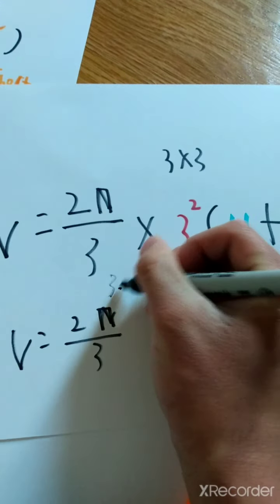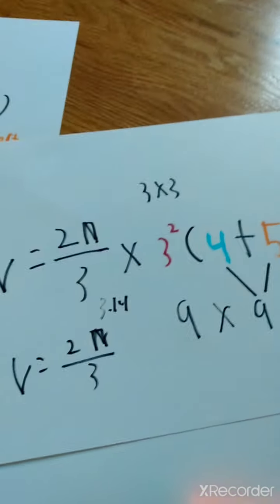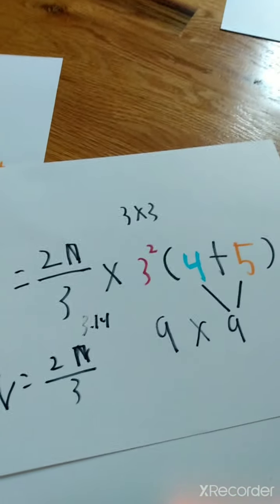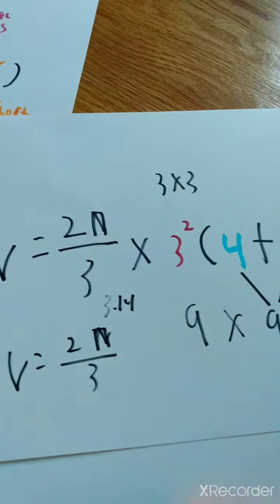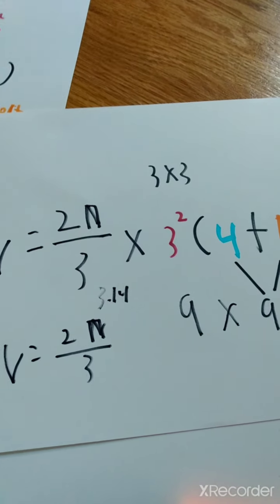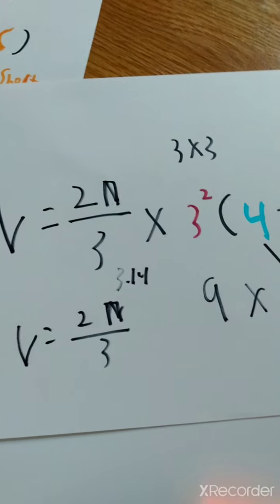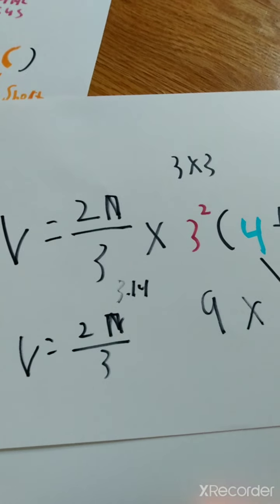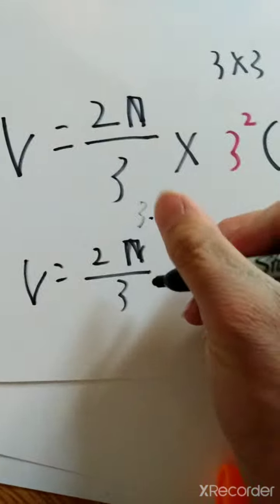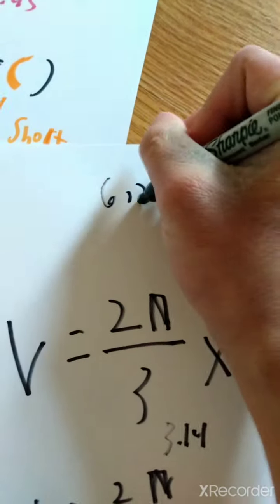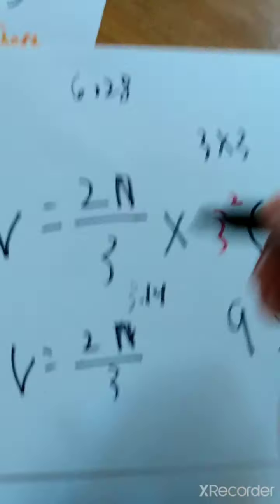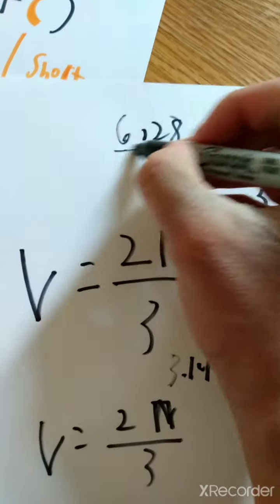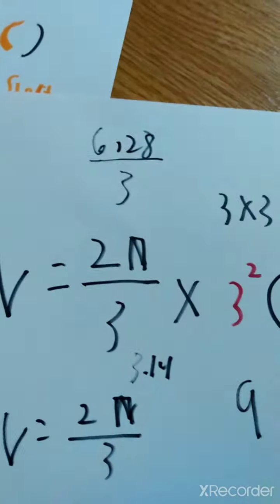Let's say pi is 3.14, because there are so many digits that you can go on and on. So, 2 multiplied by 3.14, or 3 14/100ths, we would get 6.28, or 6 28/100ths. Then it's telling us to divide by 3, because that's the next step.